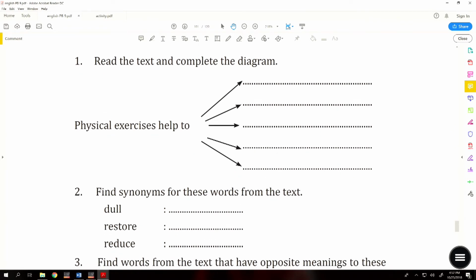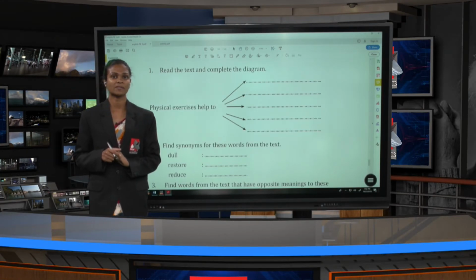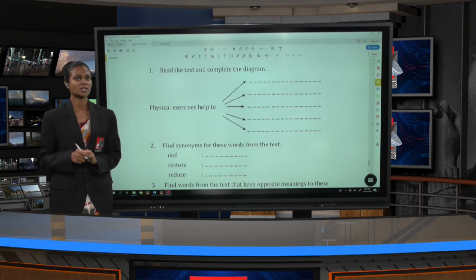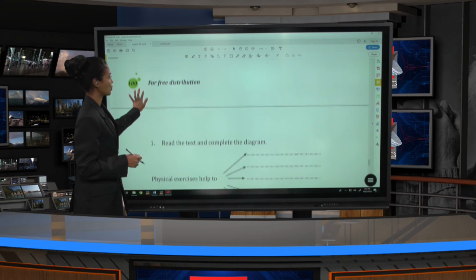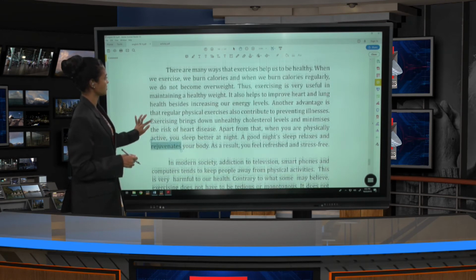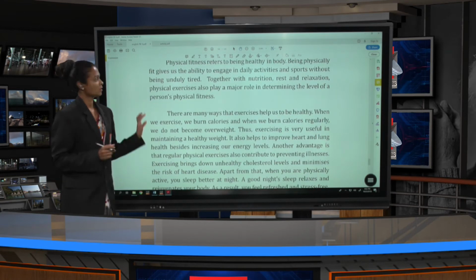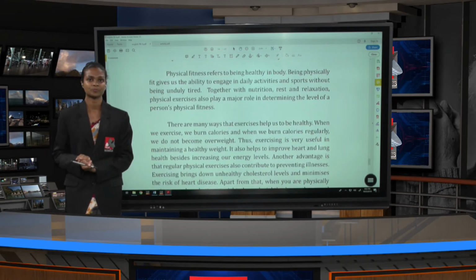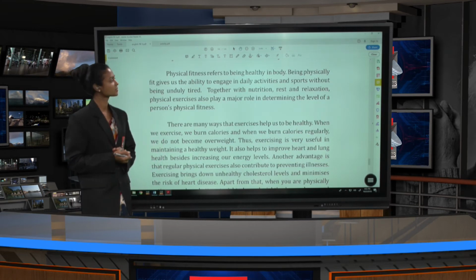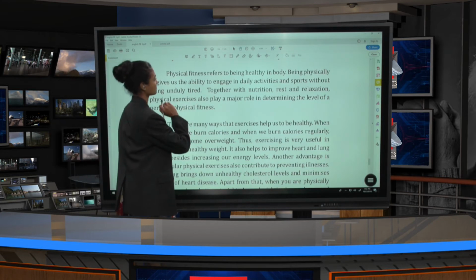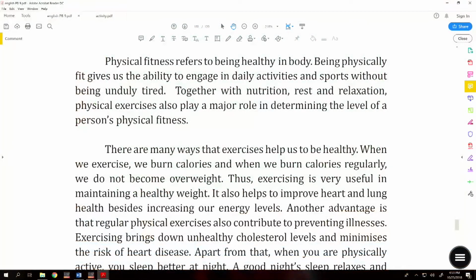Right, in the first question, read the text and complete the diagram. Physical exercises help too. We have to go back to our text and find answers: the ways in which physical fitness helps us. What are the answers?